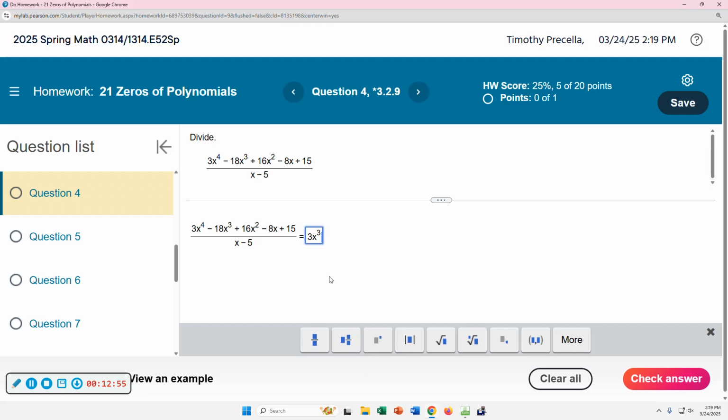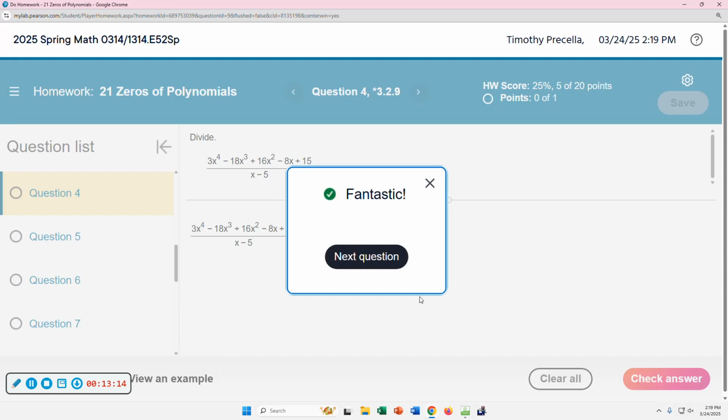But the key shortcut that's always quicker for me is just the shift up arrow. 3x cubed minus 3x squared, get out of the exponent, plus x minus 3. Any questions there?